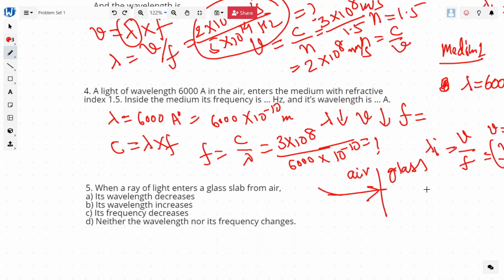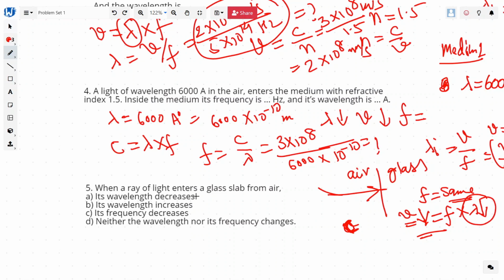So frequency is going to be the same, that we know, because the color does not change. Now velocity here is higher, which is c, and here it is less, so velocity is going to decrease, and we know that velocity is equal to frequency into wavelength. So in order for that to happen, the wavelength also has to decrease.